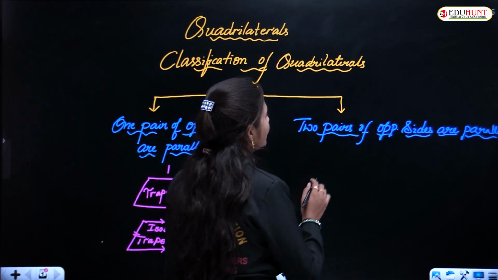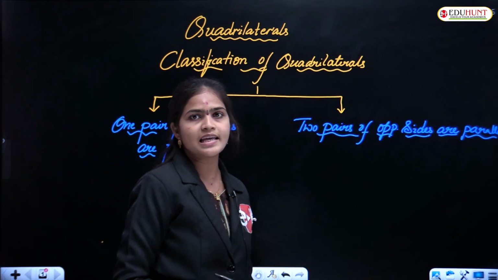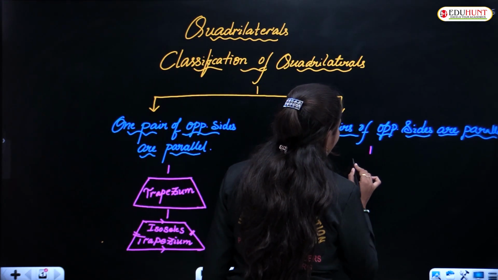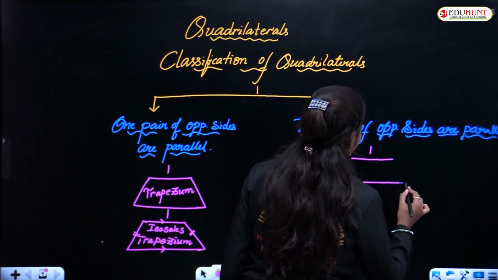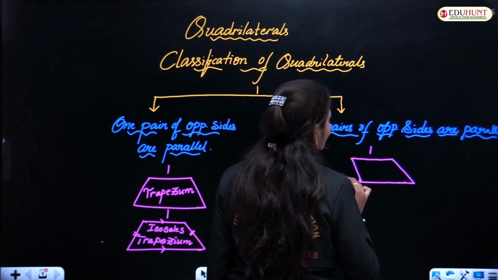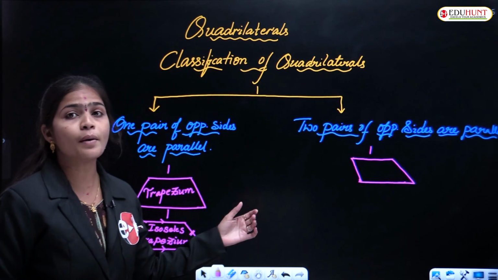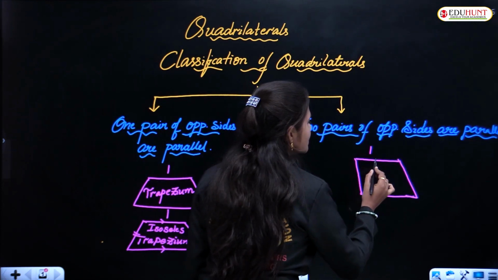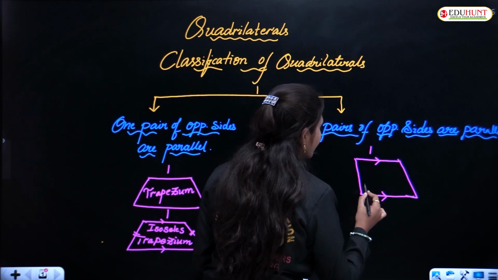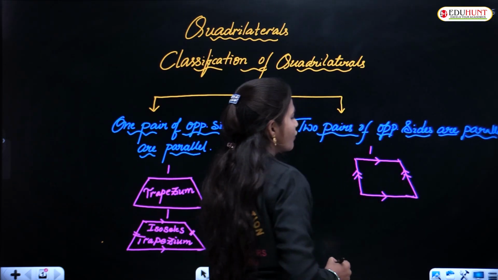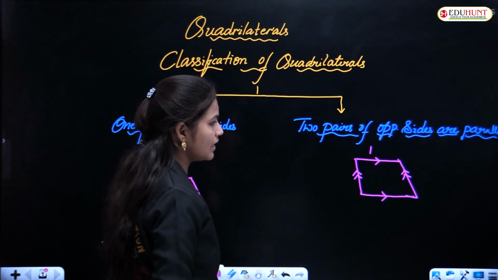Now come to this one, here 2 pairs of opposite sides are parallel. So here the first type of quadrilateral is the parallelogram. Here 2 pairs of opposite sides means this is one pair, and this is the second pair. 2 pairs of opposite sides are parallel.